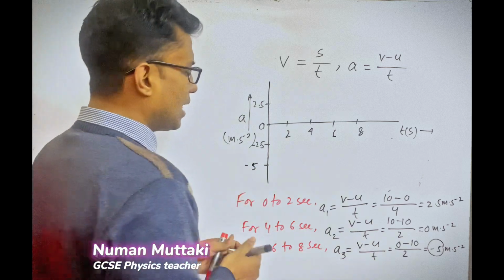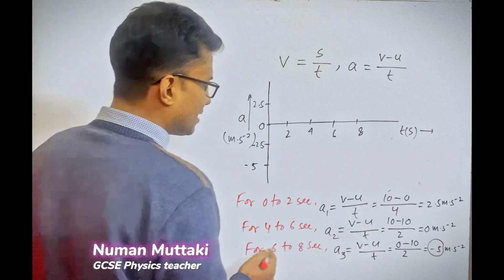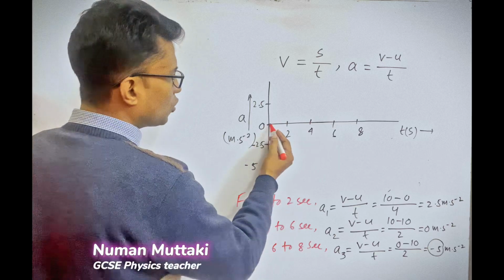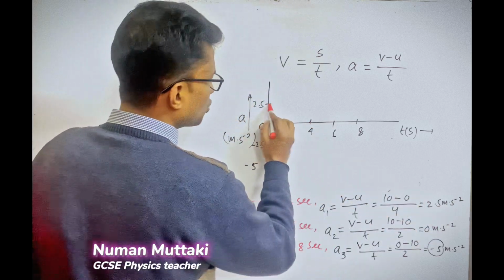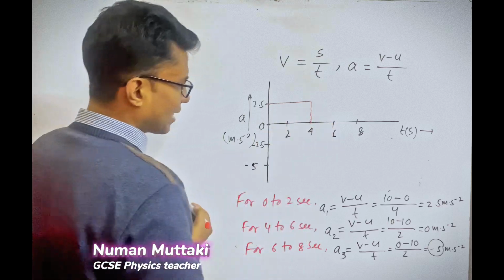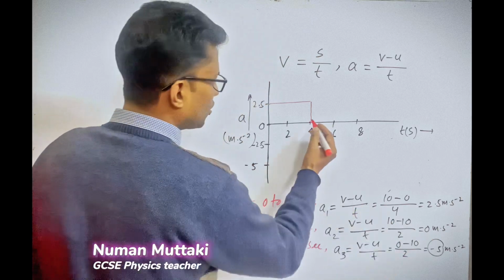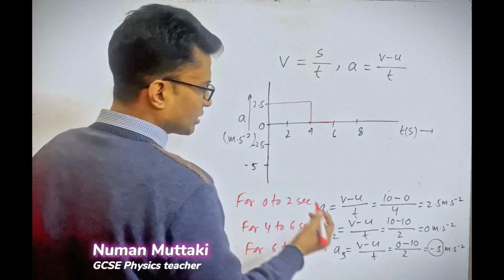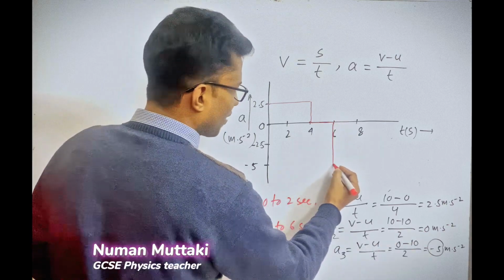According to this information, we draw like this. For 0 to 4 seconds, the acceleration was 2.5. For 4 to 6 seconds the acceleration was 0, which means we draw the line along the axis, and for 6 to 8 seconds the acceleration was minus 5.